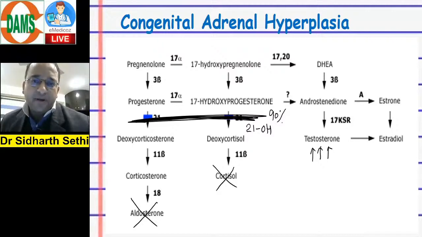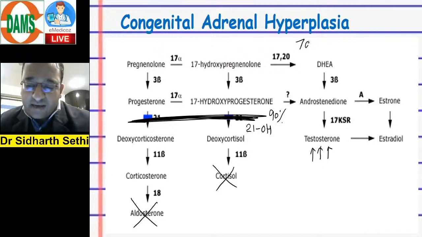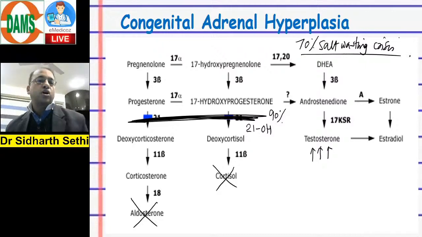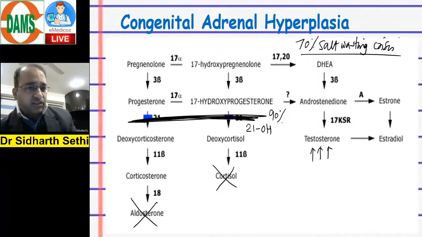Remember, all of you, 70% of classic CAH presents in a salt wasting crisis. This baby can die. Shock, hyponatremia, hyperkalemia, and there is excess of testosterone.